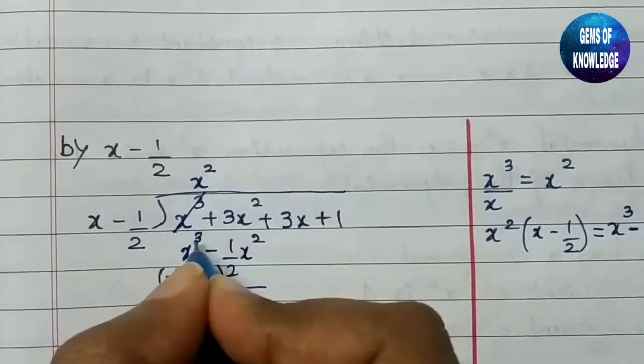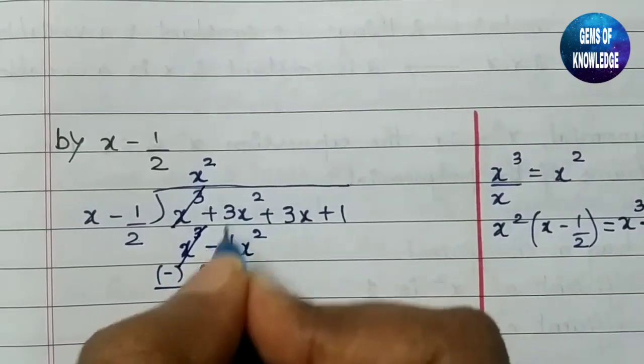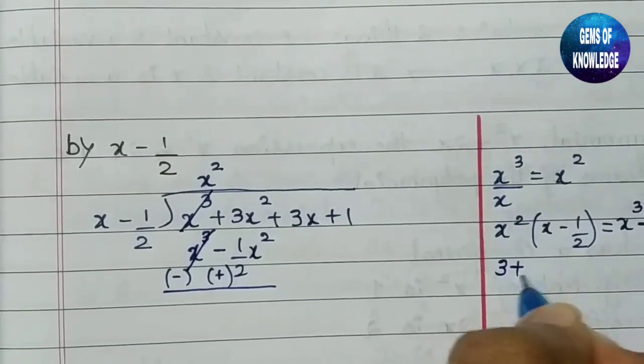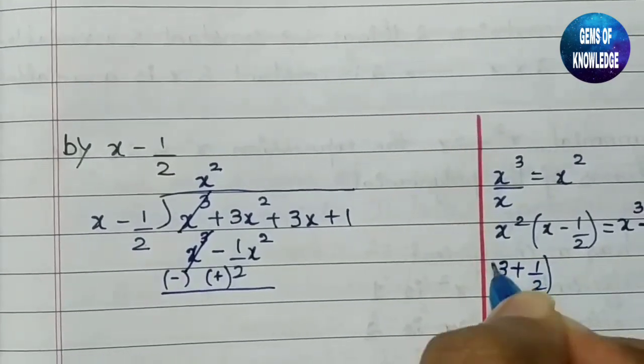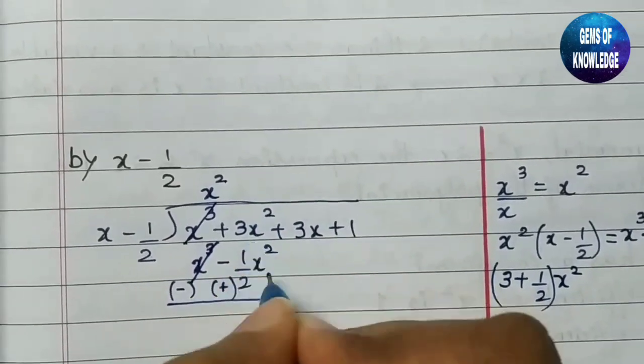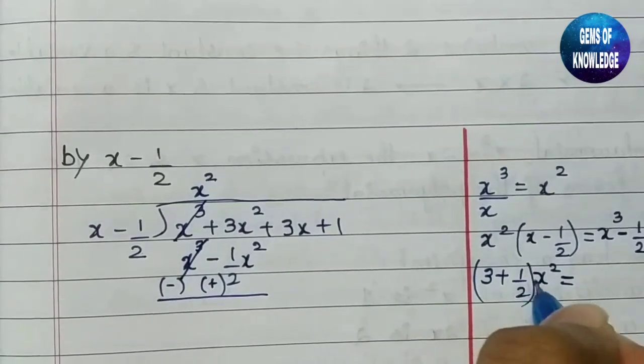So now this and this will be cancelled. What is remaining with us is 3 plus half, and x square for both cases, which we will keep outside. So how to add this now?